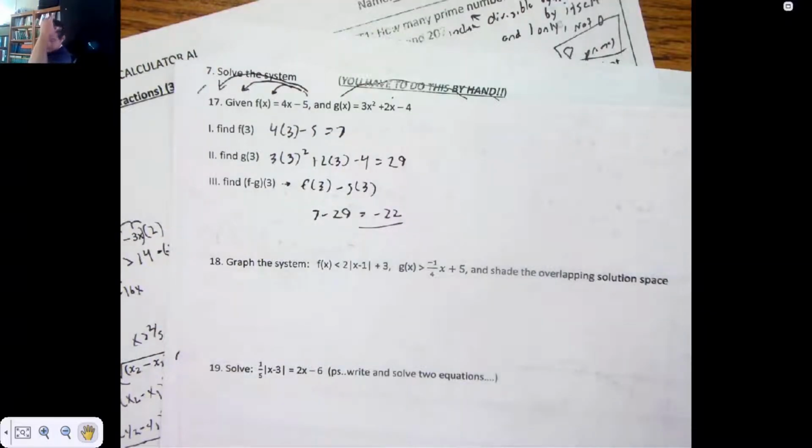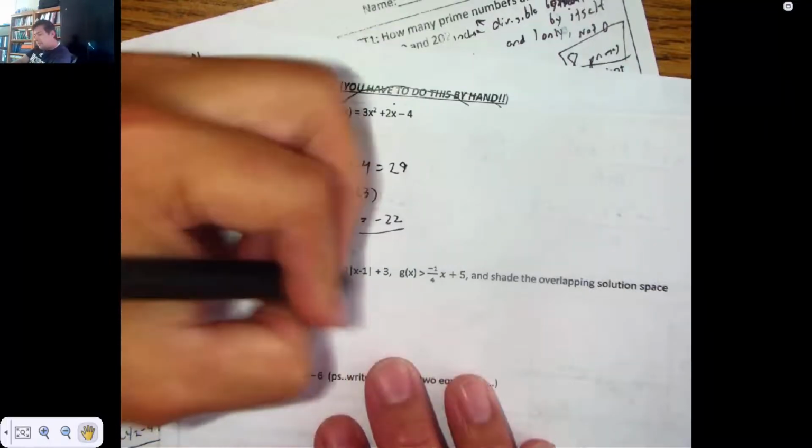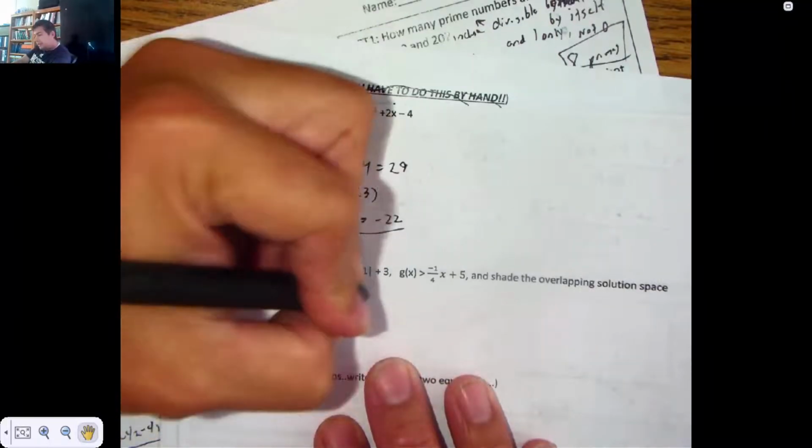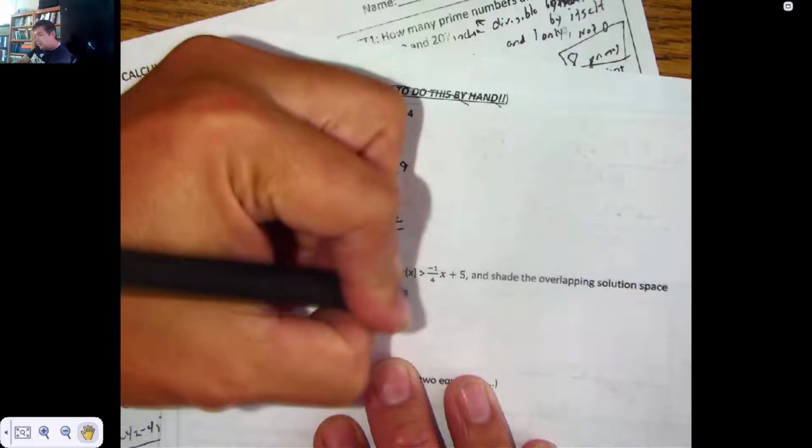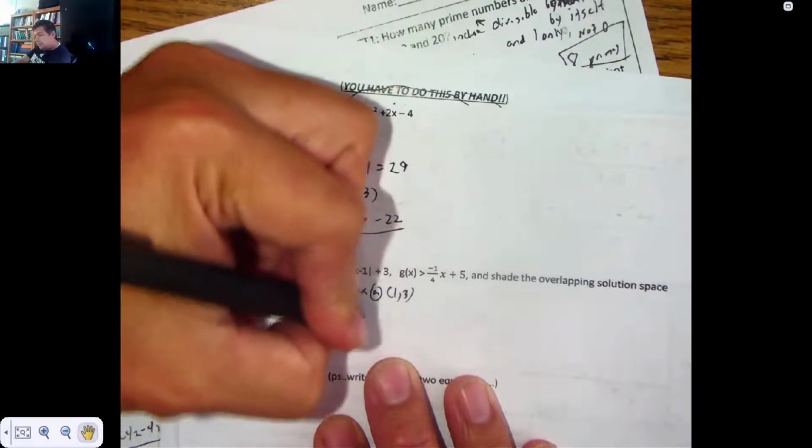18, we have a graphing the system problem. F of x is less than 2 absolute value of x minus 1, plus 3, and g of x is greater than negative 1/4 x plus 5. This guy has a vertex at 1, 3, with slope equal to 2.